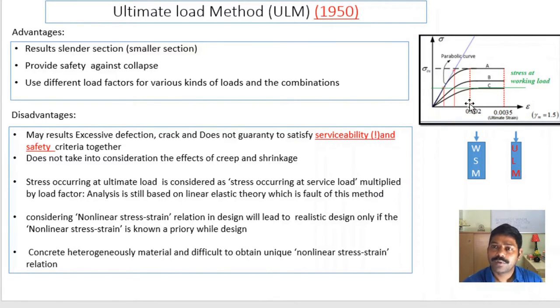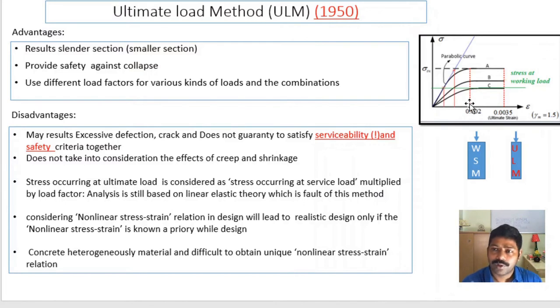But if we consider the nonlinear zone, you cannot directly have stress equal to E into epsilon, Young modulus into the strain. Here the stress is a function of modulus as well as strain. You have to draw a tangent at each point and see how the tangent is behaving, and depending on that, predict the stress. Since concrete is heterogeneous and many factors influence the stress-strain behavior, it is very difficult to have a unique stress-strain curve.